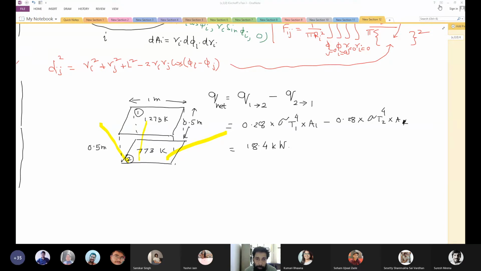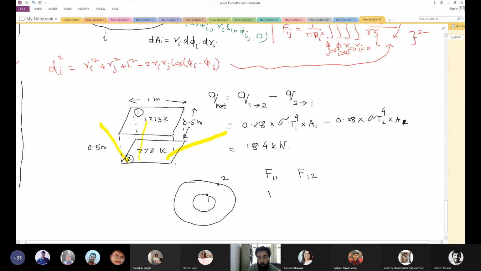Determine all the view factors associated with an enclosure formed by two concentric spheres. So we have two concentric spheres. This is surface 1, and this is surface 2. So we have four view factors: F11, F12, F21, F22.